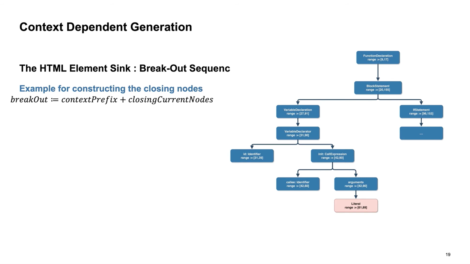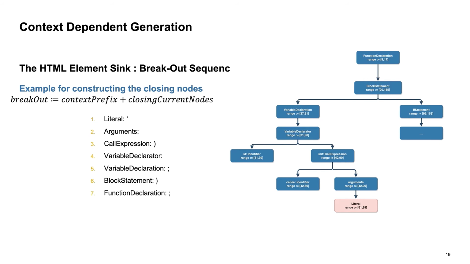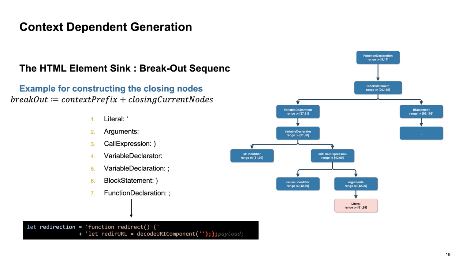It's from the last example again, with its generated parsing tree. We then traverse the tree bottom up and close each context. As an example, we can see here that the literal is closed with a single quote, or the call expression with a parenthesis, and so on. At the end, we get the closing tags allowing us to get to the top level. There, a payload can be injected.